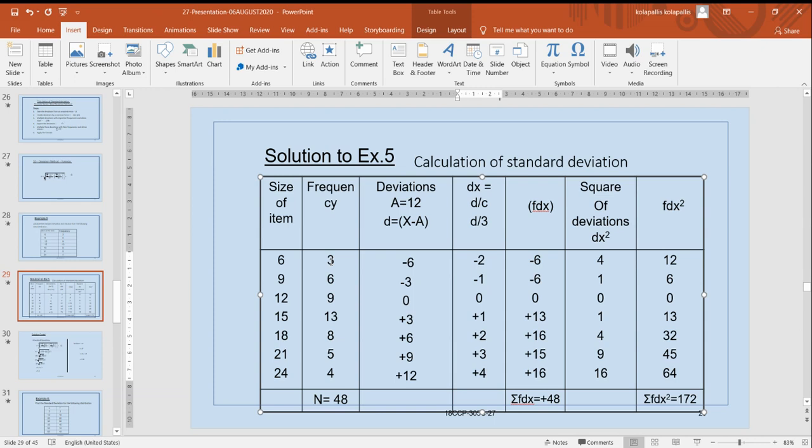This is second column into fifth column. 3 into 4, 12, 6. 3 into 4, 12. 6 into 1, 6. 9, 13, 8. 8 into this one, 32, 45, and 64. This is correct.